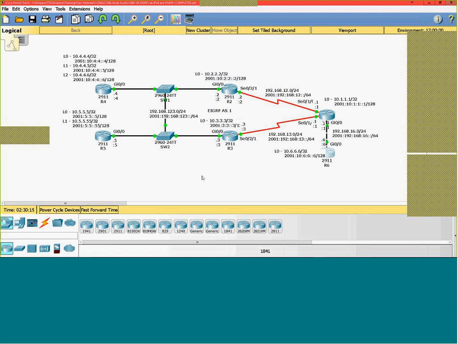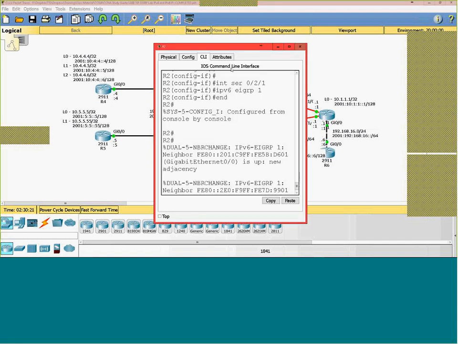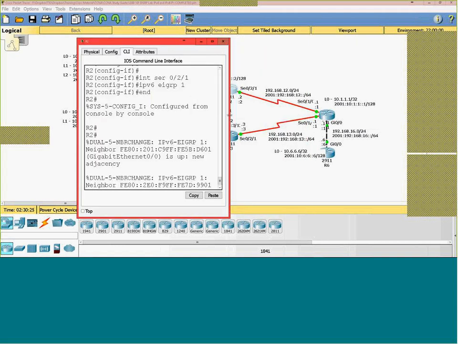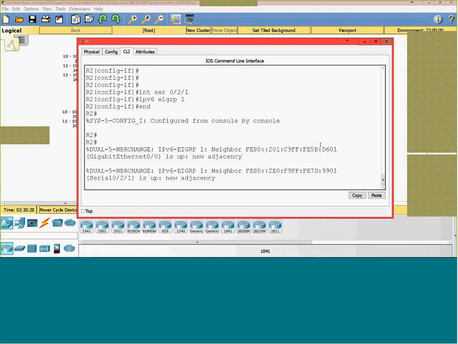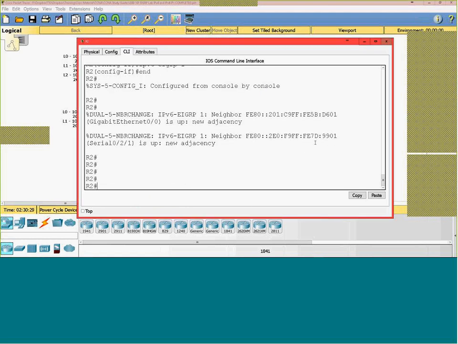Now I want everybody to go into router number 2, please. Everybody go into router number 2, and we are going to verify a couple of things. We're going to do a lot of things with this topology, but let's go ahead and verify our operation.